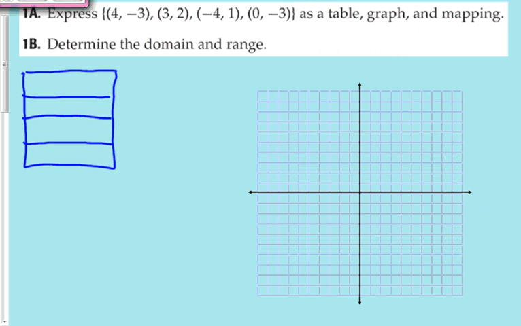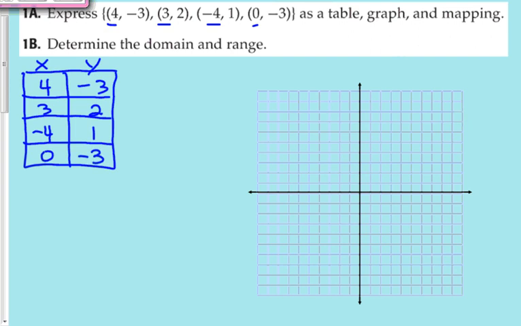Okay, so with our table, draw a line down the middle. We have 4 points. We'll make this our x, this our y. Put all our x terms. We have 4, 3, -4, and 0. So 4, 3, -4, 0. We'll have in the y, -3, 2, 1, and -3.